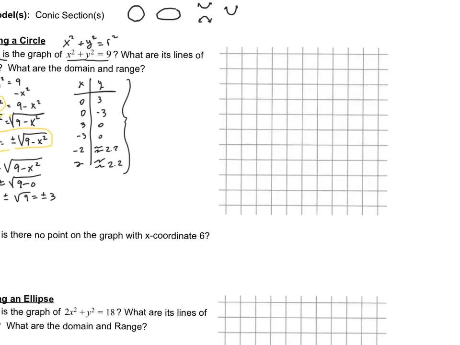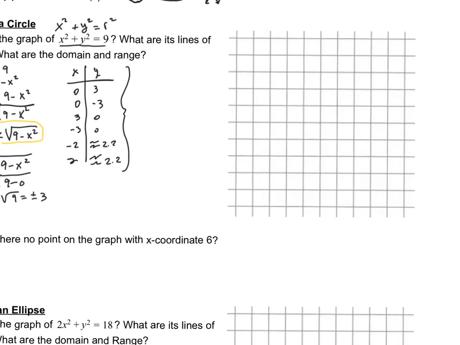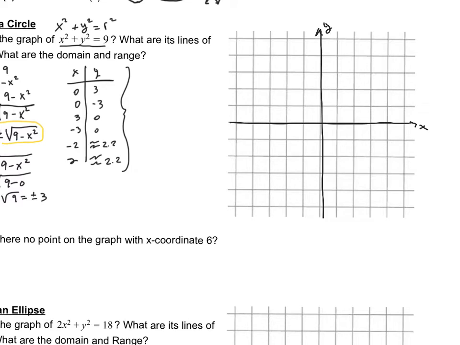So looking here, of course, you need your axes. Got my y and my x. Okay, and I'm going to go ahead and graph those 6 points. So I'm looking at 3, 0. I'm sorry, negative 3, 0, and 3, 0.